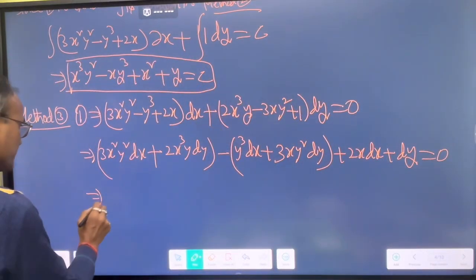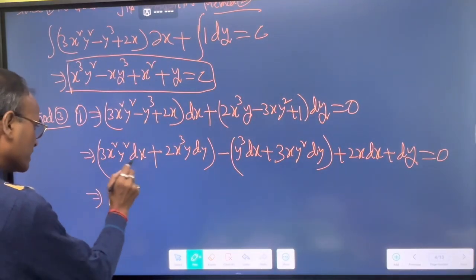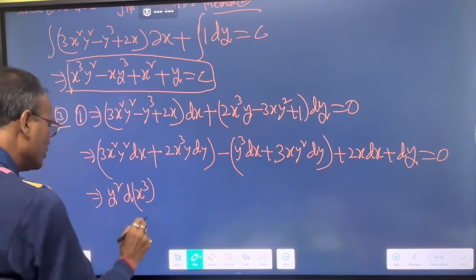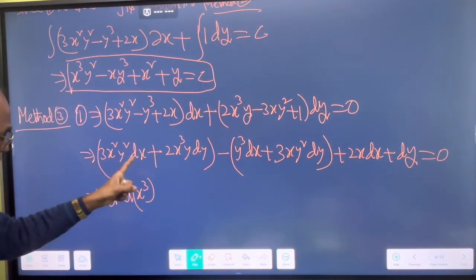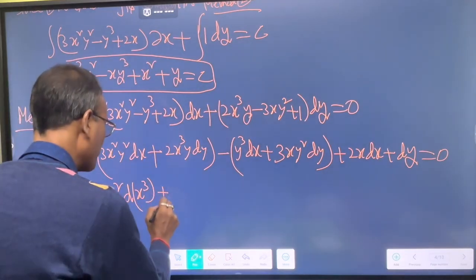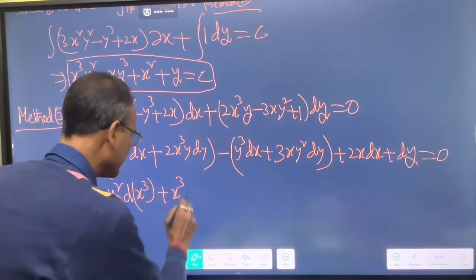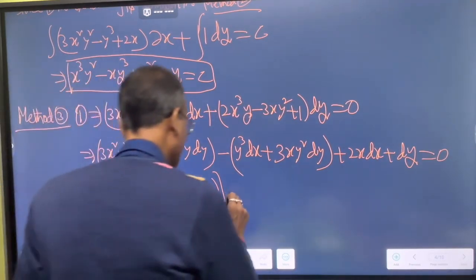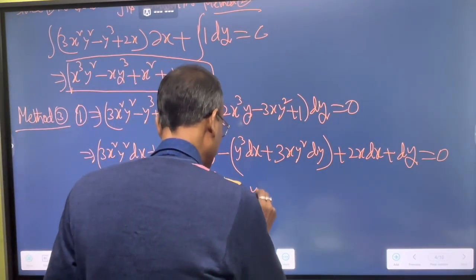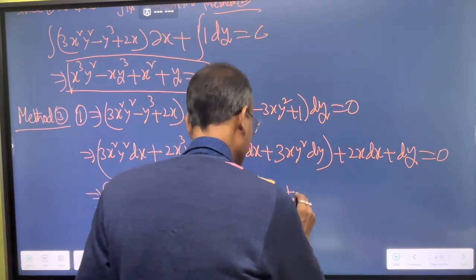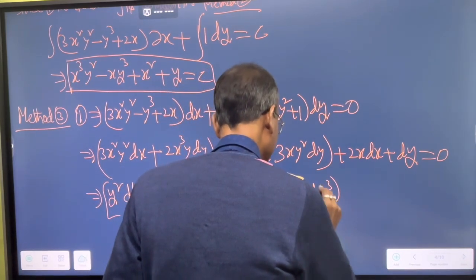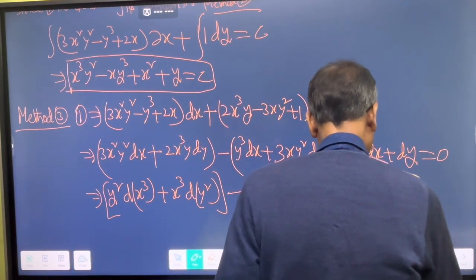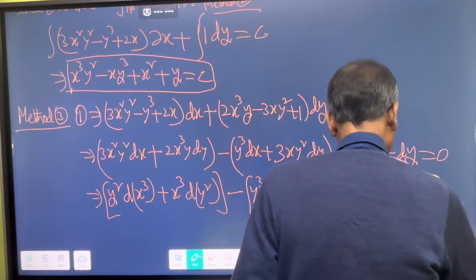Now, this can be written as d of x³. You may write like this. y² is there. 3x² dx means d of x³, plus x³ 2y dy can be written as d of y². Minus y³ dx plus x can be written as d of y³, plus d of x² plus dy equal to 0.